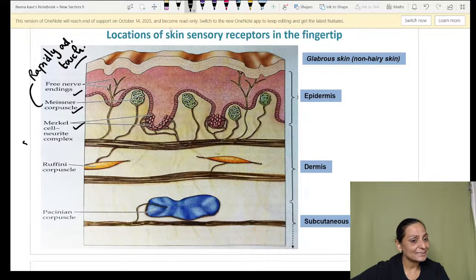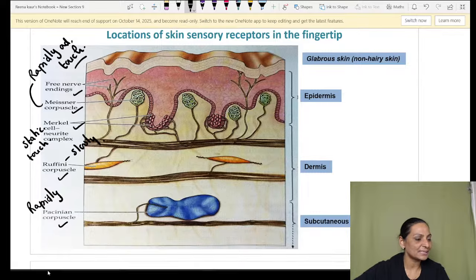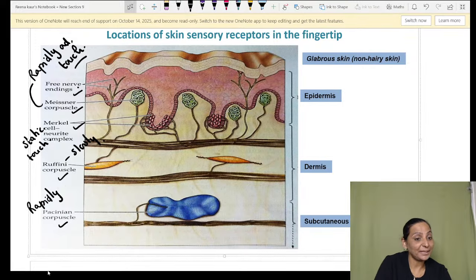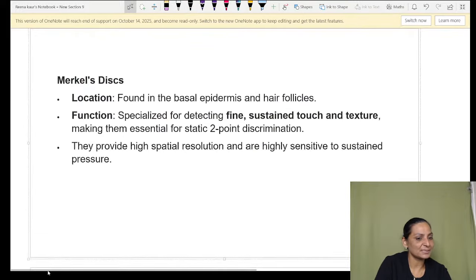Merkel's are static or the slowly adapting touch receptors. Okay. In deeper you have got Ruffini's corpuscles and Pacinian. Out of this, Pacinian is again a rapidly adapting and Ruffini is a slowly adapting receptor. Free nerve endings are important for your pain. They mainly behave as nociceptors.